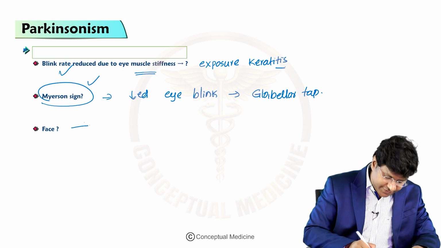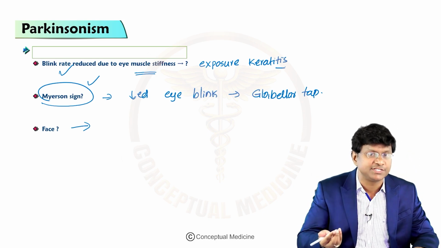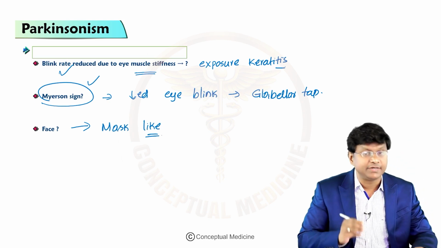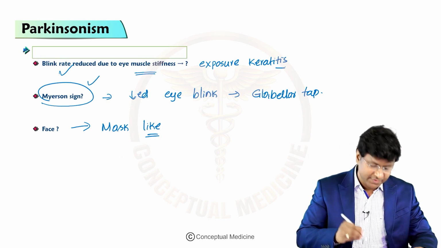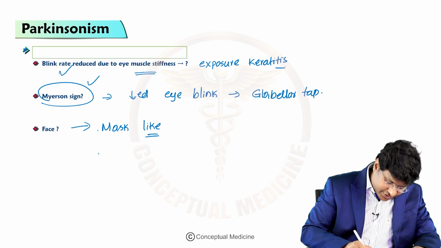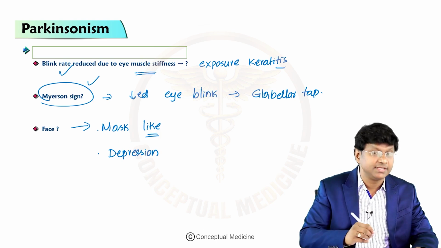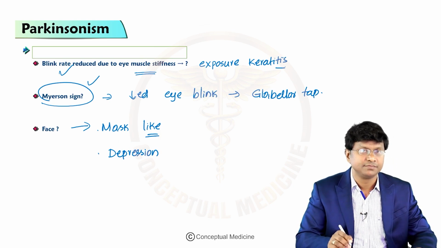And if you look at the face of these individuals, they have an expressionless face, that we call mask-like faces. And the other important feature will be depression. So depression as well as mask-like faces are the other features.